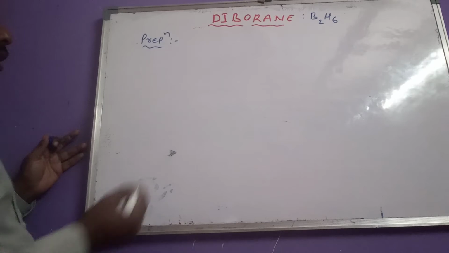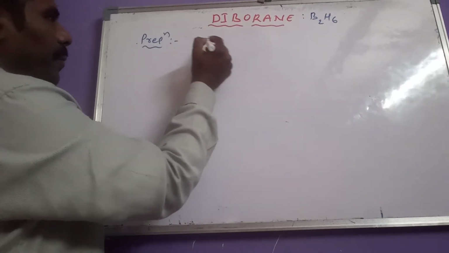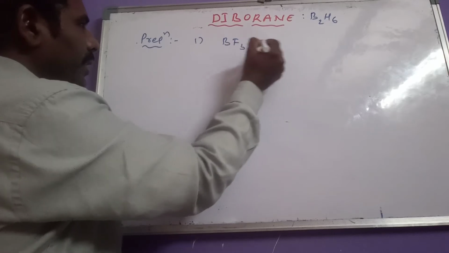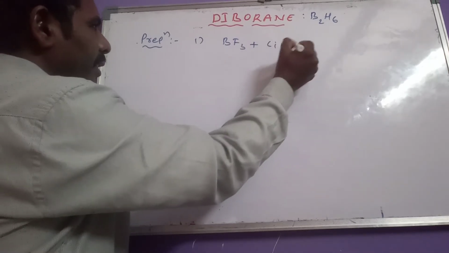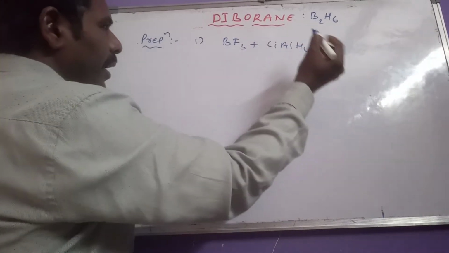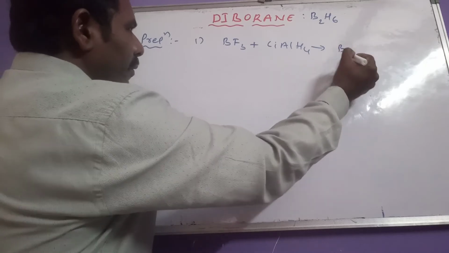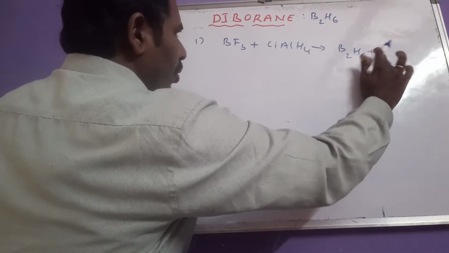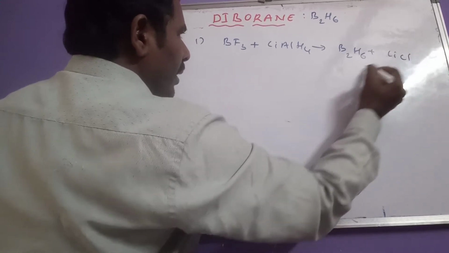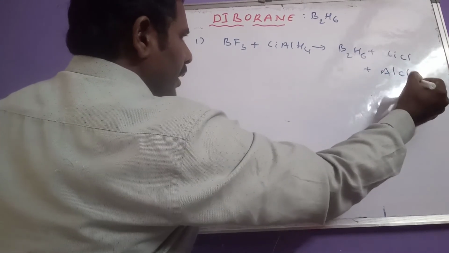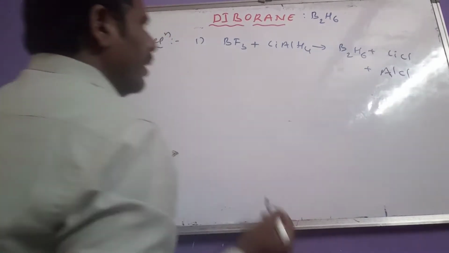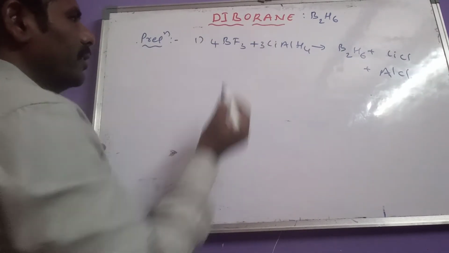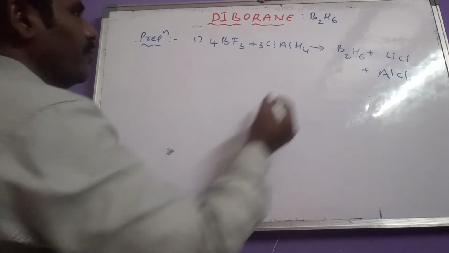The first method of preparation is here, boron trifluoride when treated with lithium aluminum hydride, we get diborane plus lithium chloride plus AlCl3. So now 4BF3 reacts with 3 moles of LiAlH4.